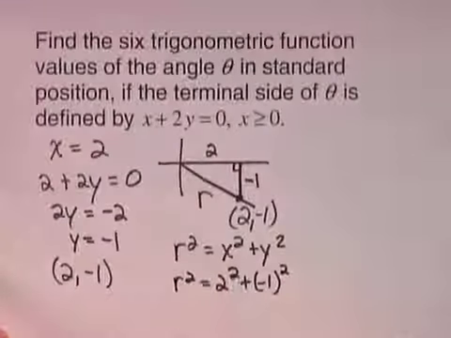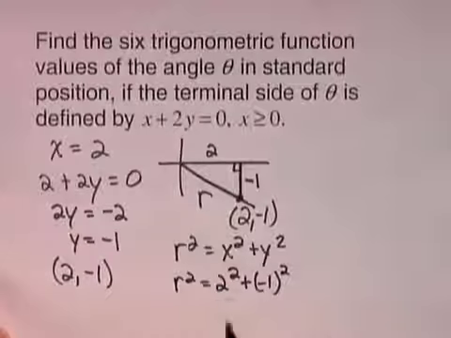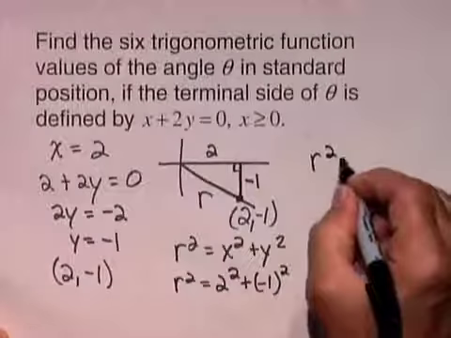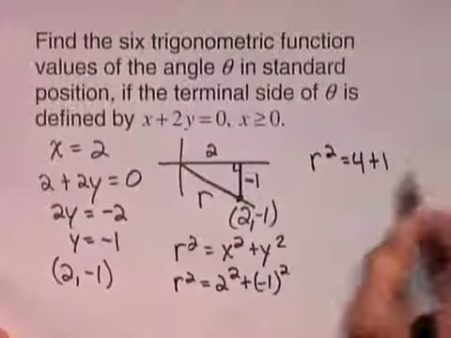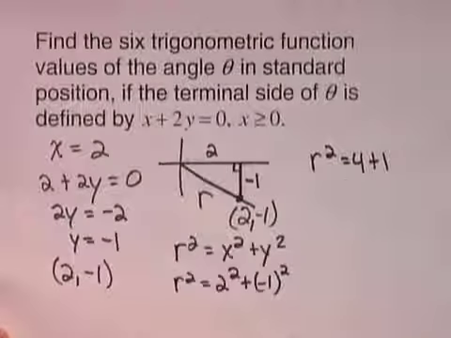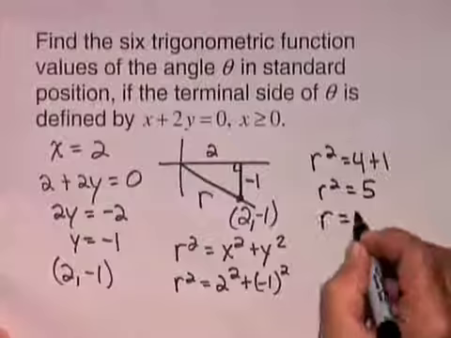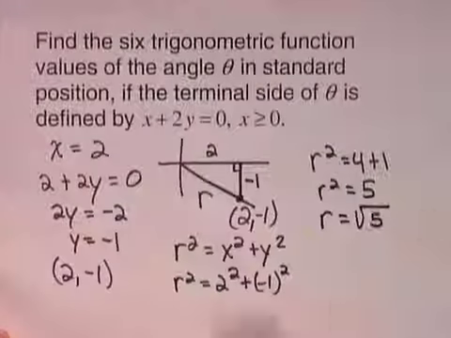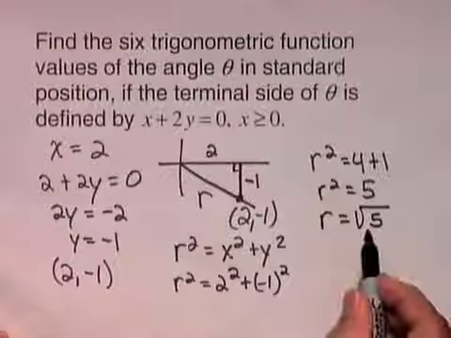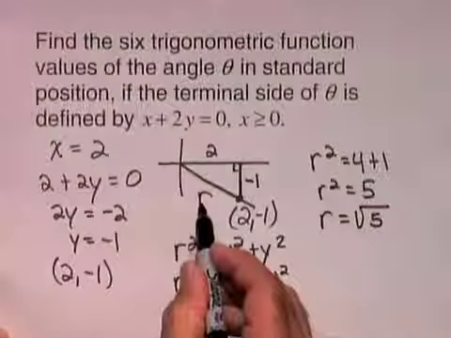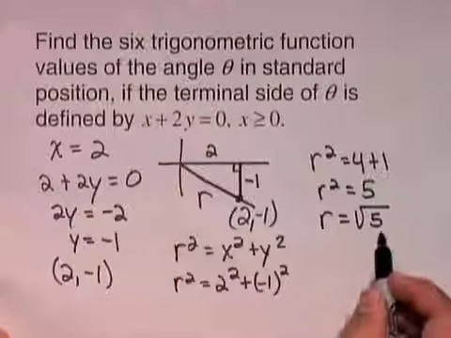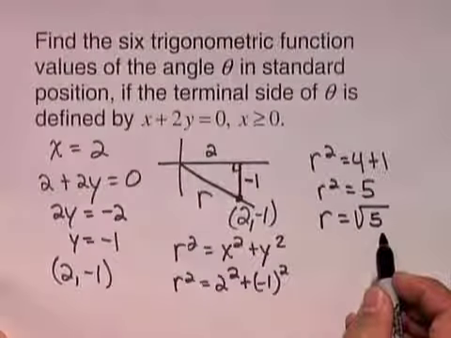That's our r squared. That means r squared is equal to 4 plus 1. Therefore, r squared is equal to 5. And then we take the square root of both sides, and we only want the positive root because it's representing r here, so it's positive the square root of 5.